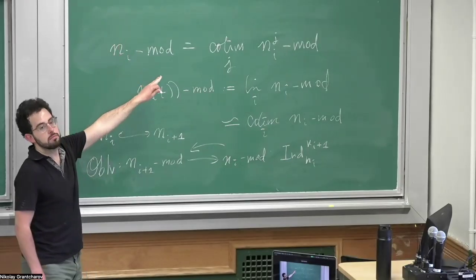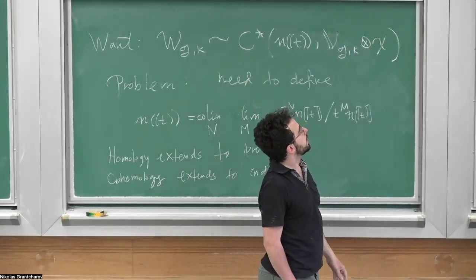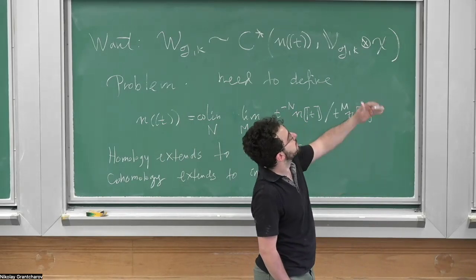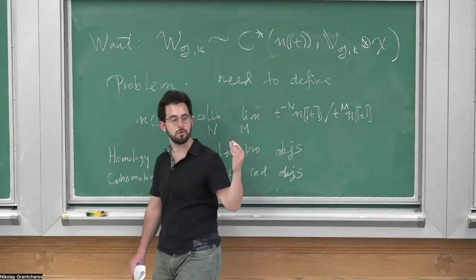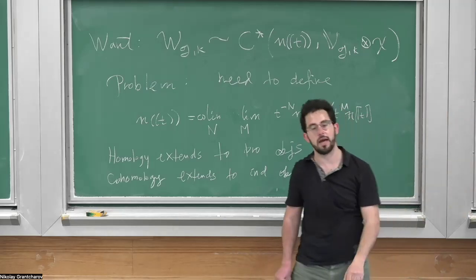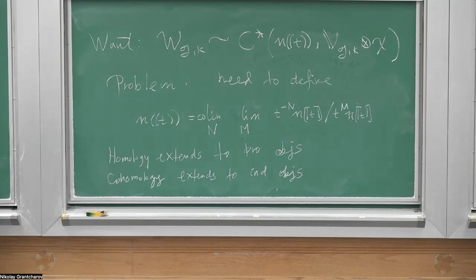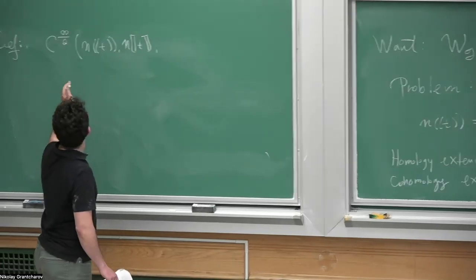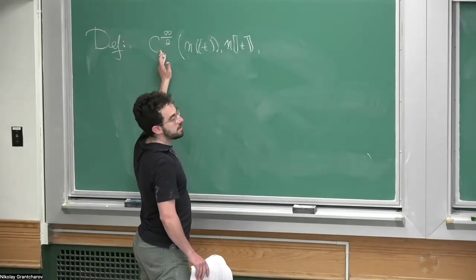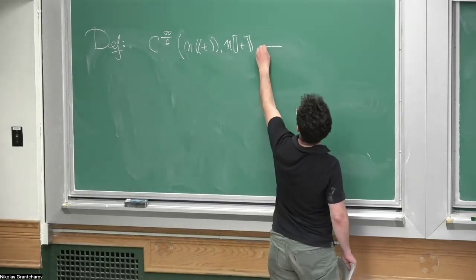I started with this subalgebra where I fixed a lattice and then started my system from zero. When I take I equals 0 in the definition of Ni, I just get the n square bracket here, and then I am taking limit or colimit from there. So at least the definition, not all of the properties, depends on the choice.